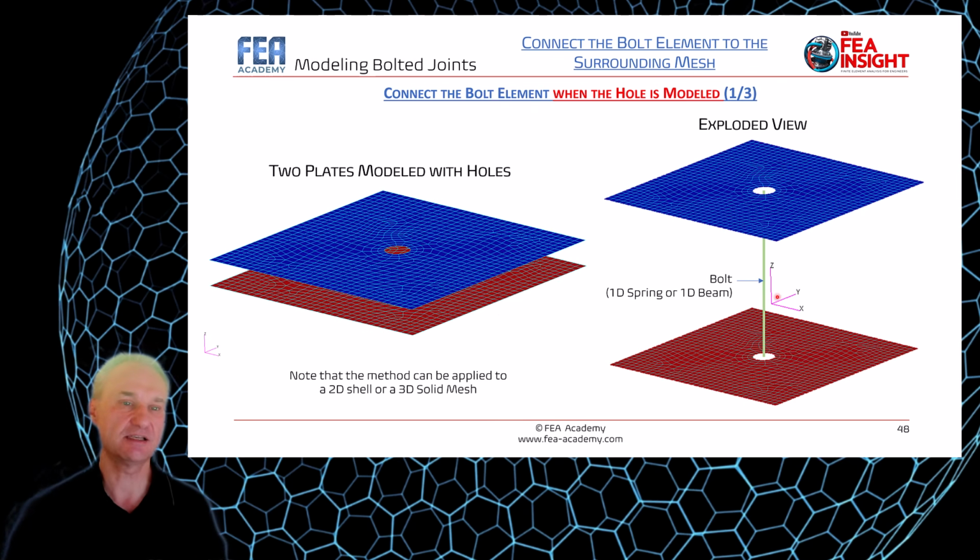Here is an exploded view showing a bolt between the two plates, from this node to this node. So now the question is, how do we connect the extremities of the bolt, 1D spring or 1D beam element, to the surrounding mesh?